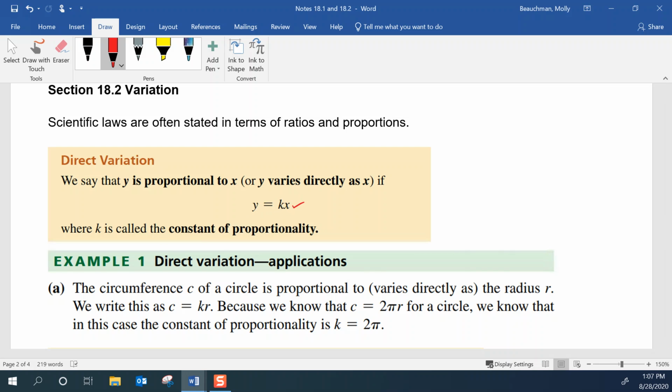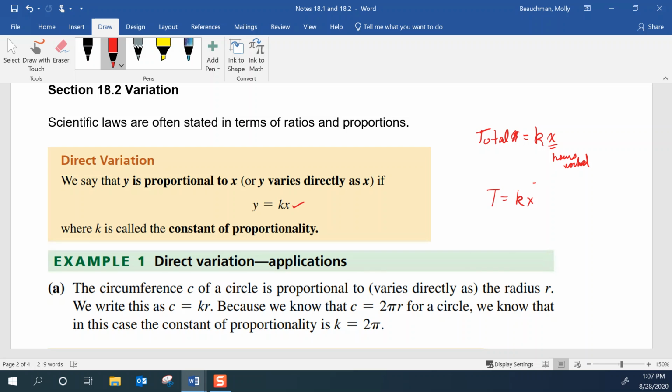An example of that is an hourly wage. Your total amount earned is equal to whatever you earn hourly times the number of hours worked. So you could model T, total pay, equals k times x.